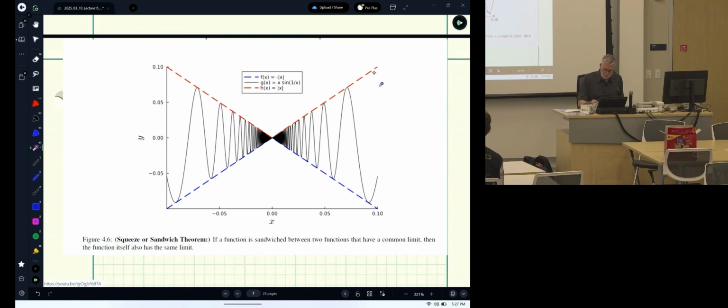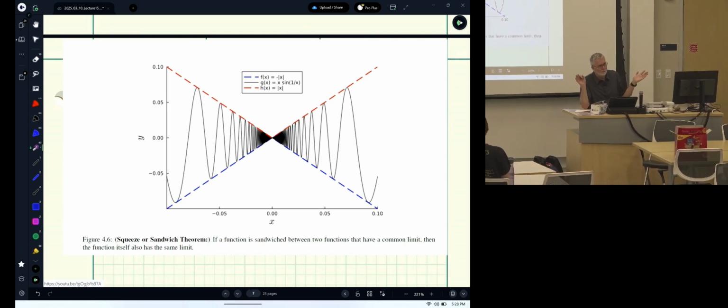If those functions have a common limit at my point of interest, and one is an upper bound for the function that I'm really interested in, this squirrely guy, and the other one's a lower bound for it, then this common limit of the 2 easier limits to produce is the limit of the complicated function. That's the squeeze theorem. It's also called the sandwich theorem.